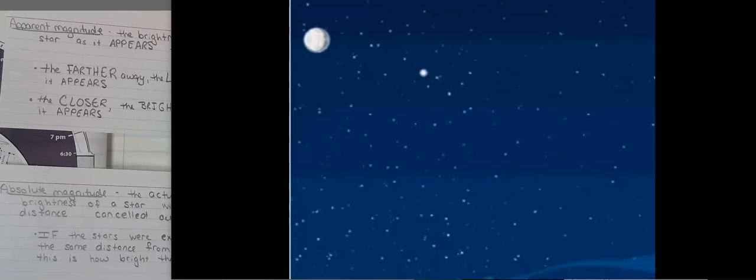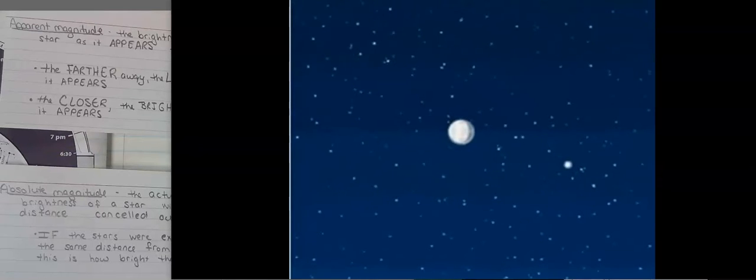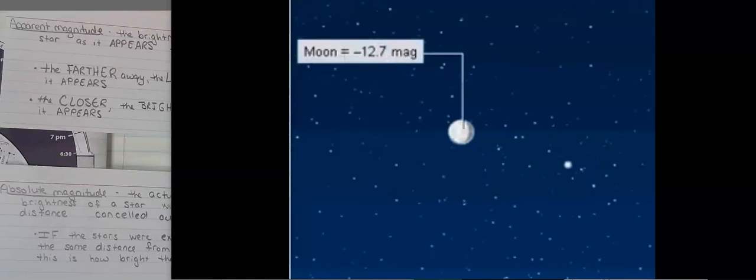Nowadays, the brightness of celestial bodies is expressed in apparent magnitudes, which can also assume negative values. The lower the apparent magnitude, the brighter the observed object. For example, the apparent magnitude of the full moon is equal to -7 mag.